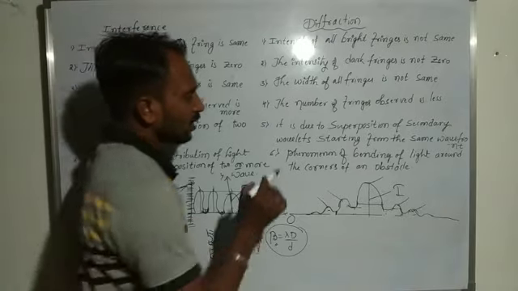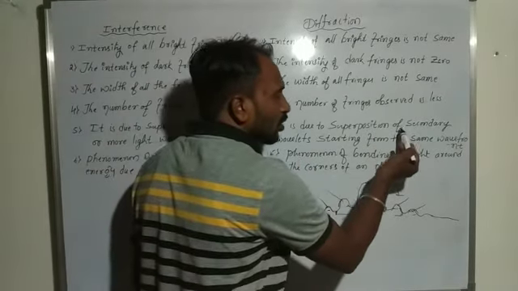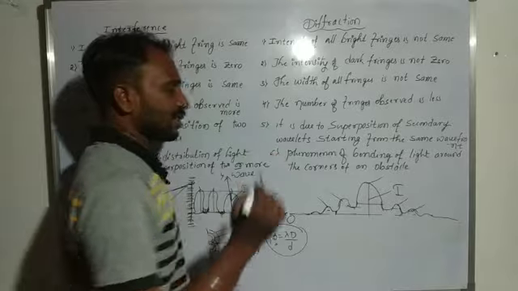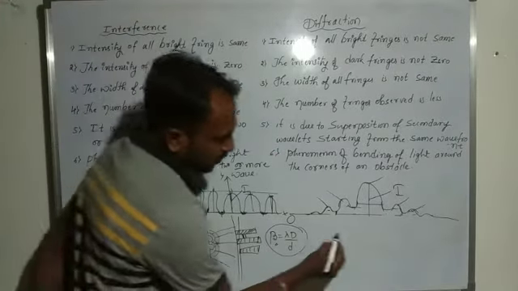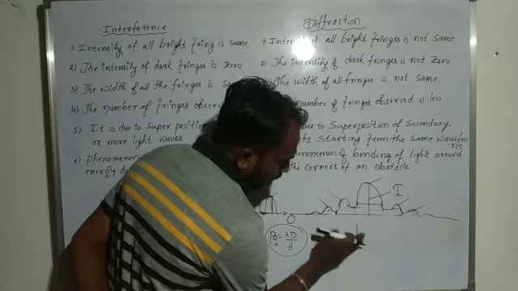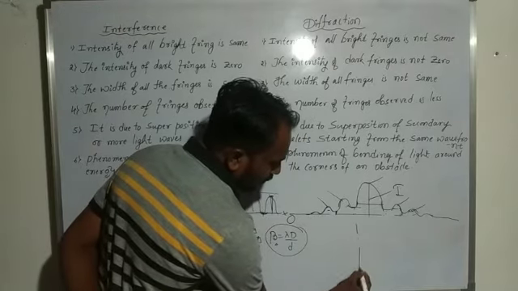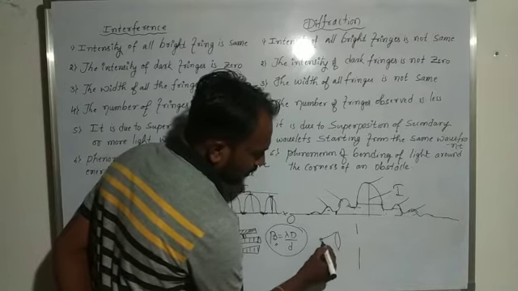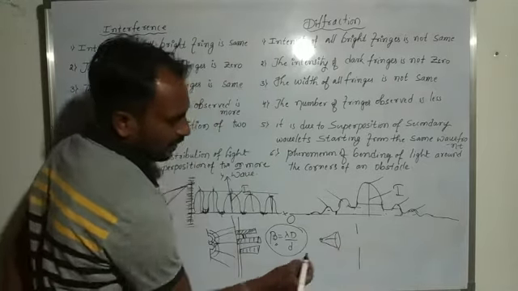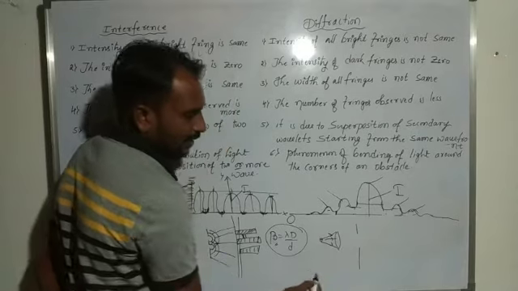And in diffraction, it is due to superposition of secondary wavelets starting from the same wavefront. It means, in this experiment, suppose this one is a lens and this one is the source. Here we consider that these are light rays incident on a lens L1.